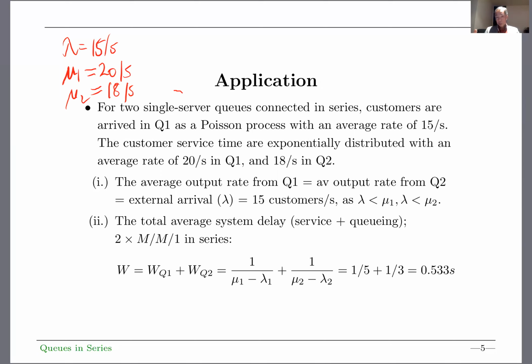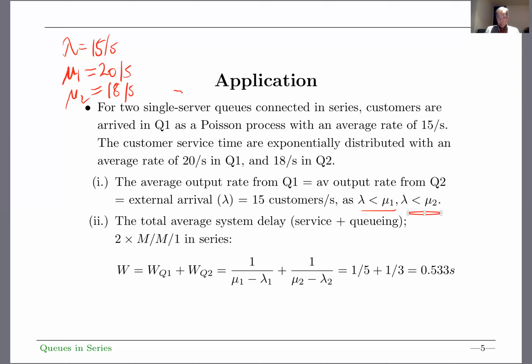For the second queue, lambda 2 is also 15 per second. Why? Because mu 1, which is 20, is larger than lambda, and mu 2 is also larger than lambda. So the output rate from Q1 equals the output rate from Q2, which equals the external arrival rate of 15 per second.